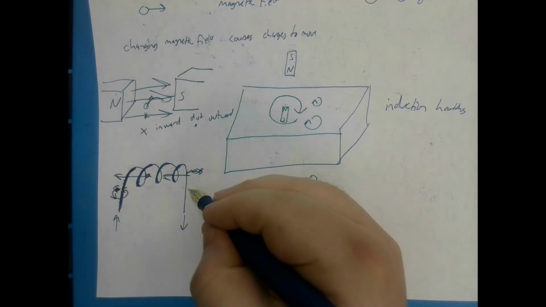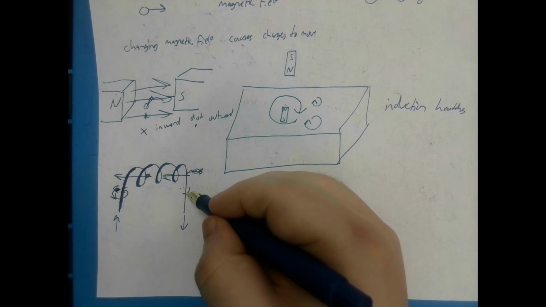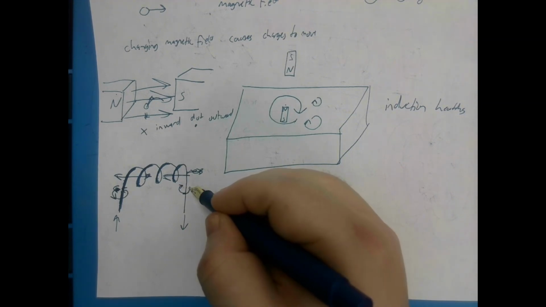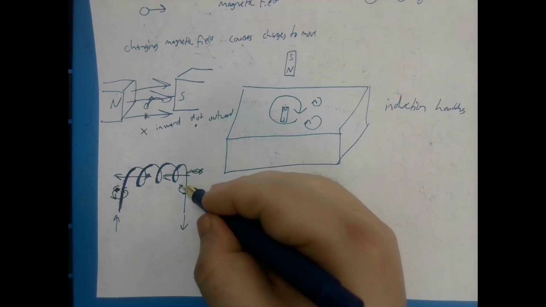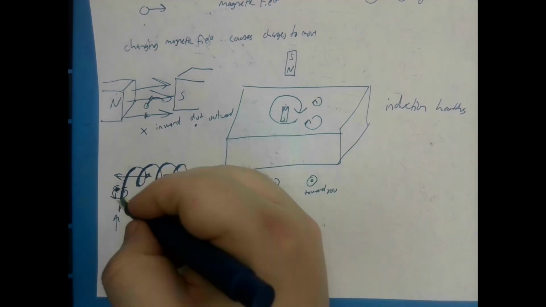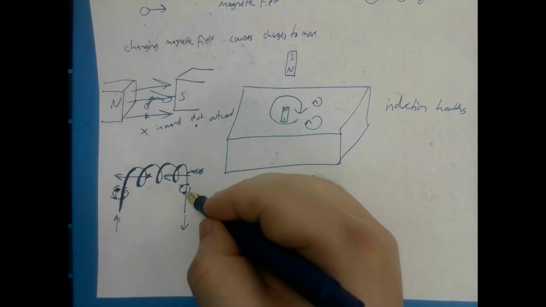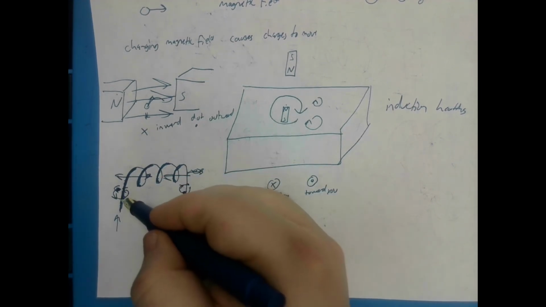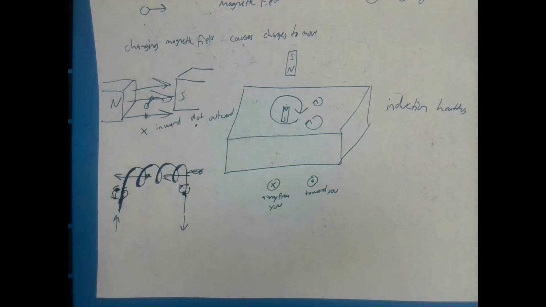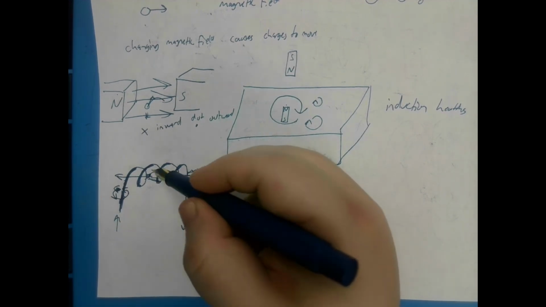Then when I go down, I wrap my fingers in the opposite direction. So it would be going to the left here. So the inside, and remember this portion is the inside. So yeah, that works out.